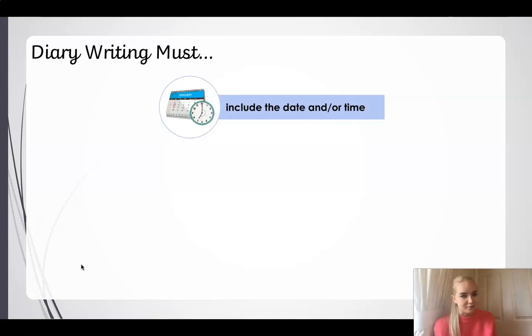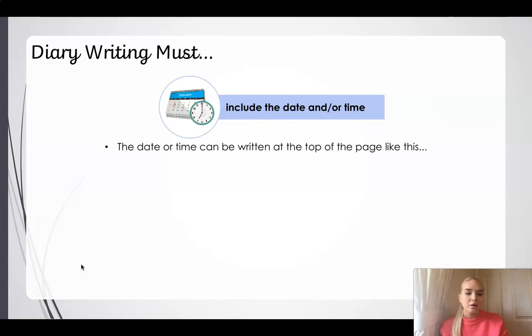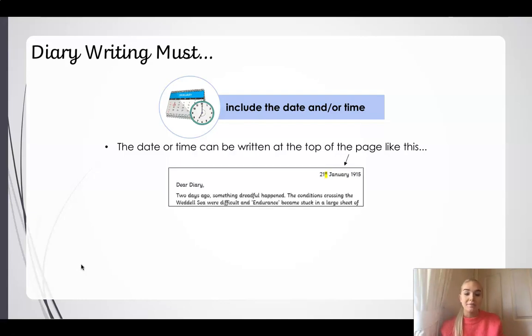Now we haven't looked at this one because this one is quite straightforward. A diary must always include the date or the time. Mostly always the date, sometimes the time, but the date or the time can be written at the top of the page. So you can see here that they've got the date, 21st of January 1915, a very long time ago, and then they start their diary.